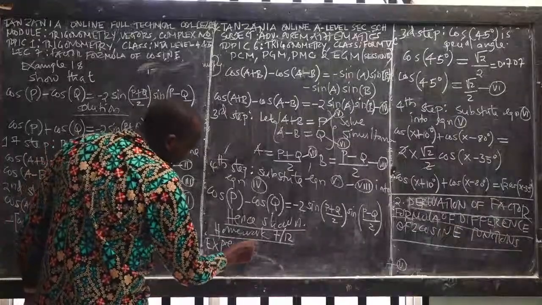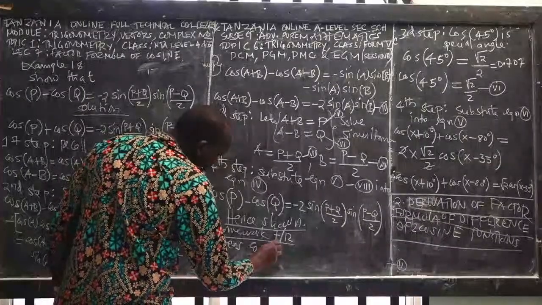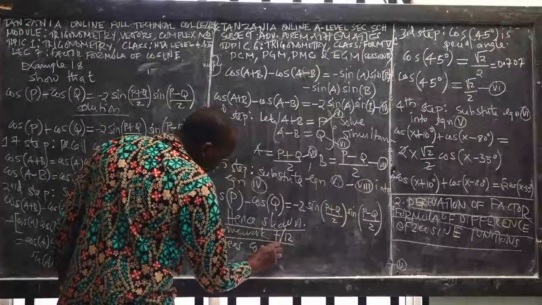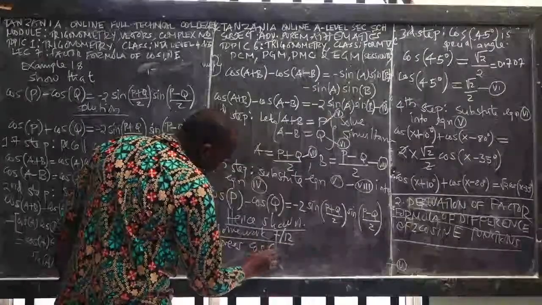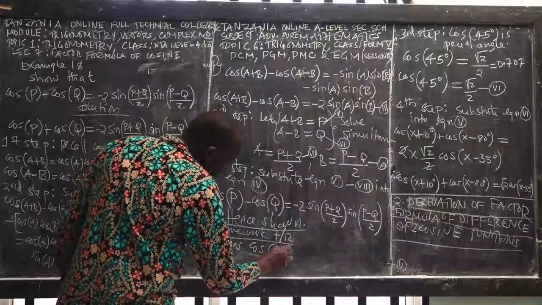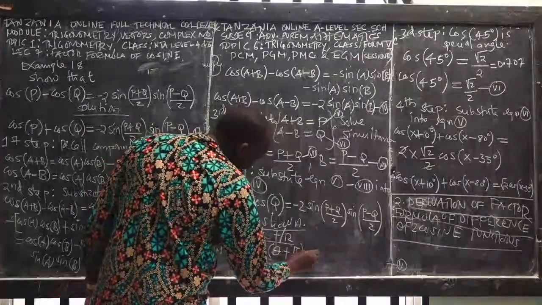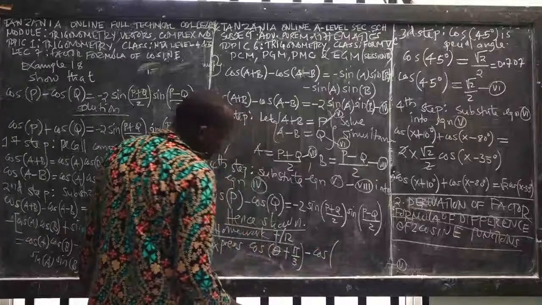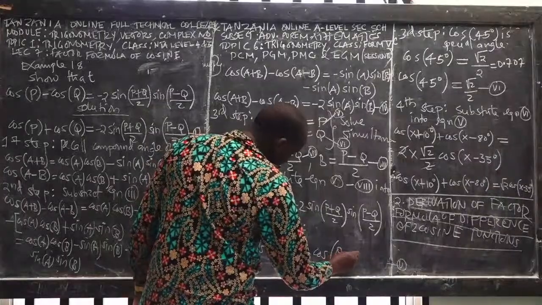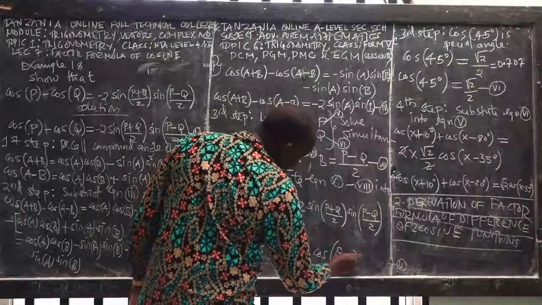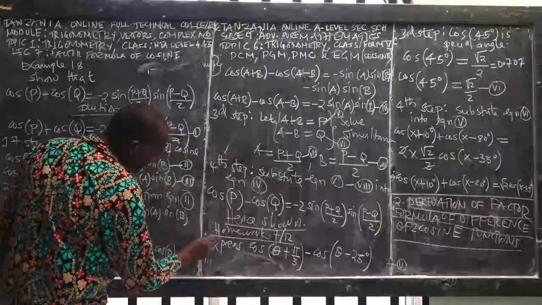Express cosine of (theta plus pi over 3) minus cosine of (theta minus 25 degrees) in factor formula.